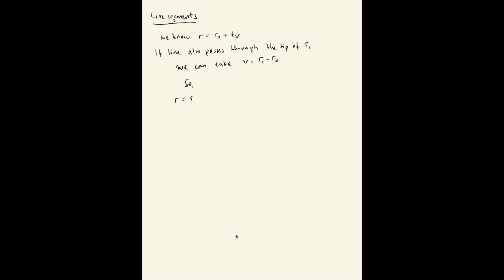So the idea is you are using the direction vector in between the segment you want to observe. For example, the segment is r1. So your direction vector will be r1 minus r0.